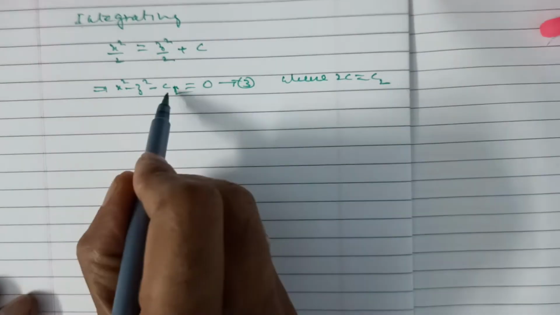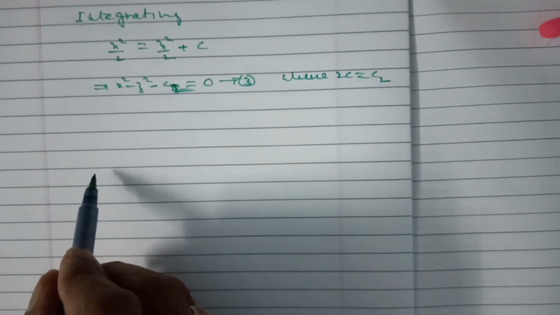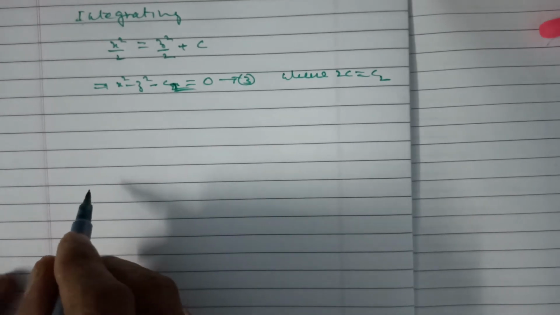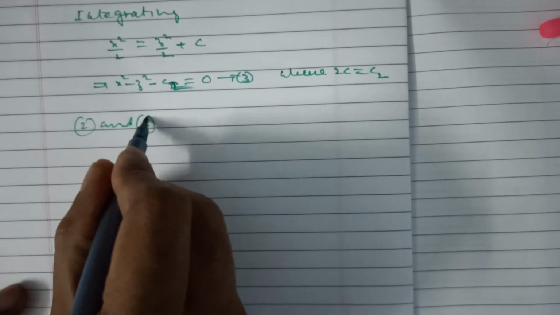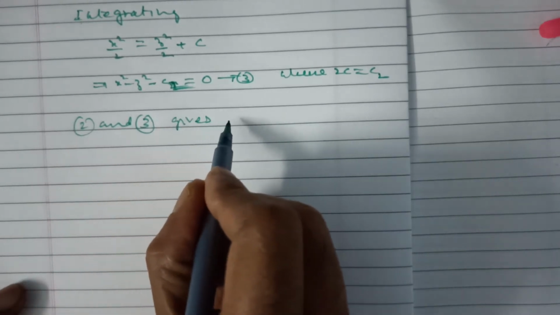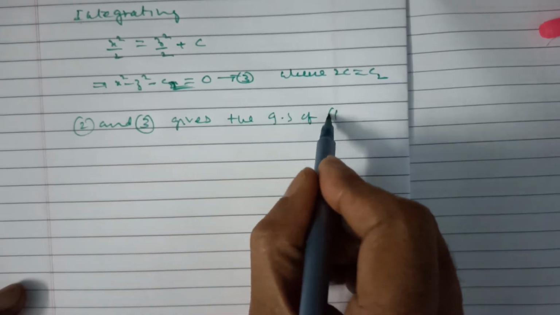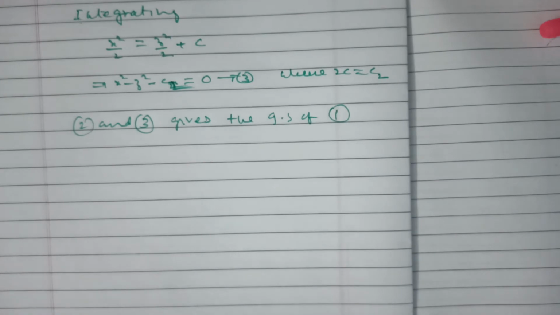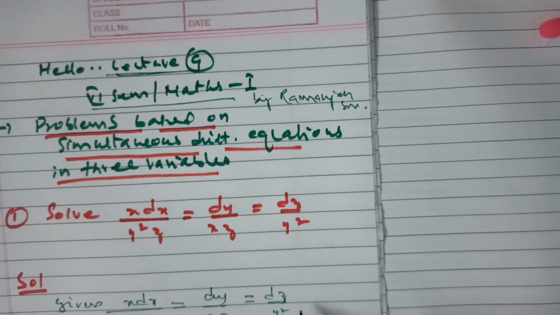This also will be c2. Two and three give the general solution of the given system, this is 1.